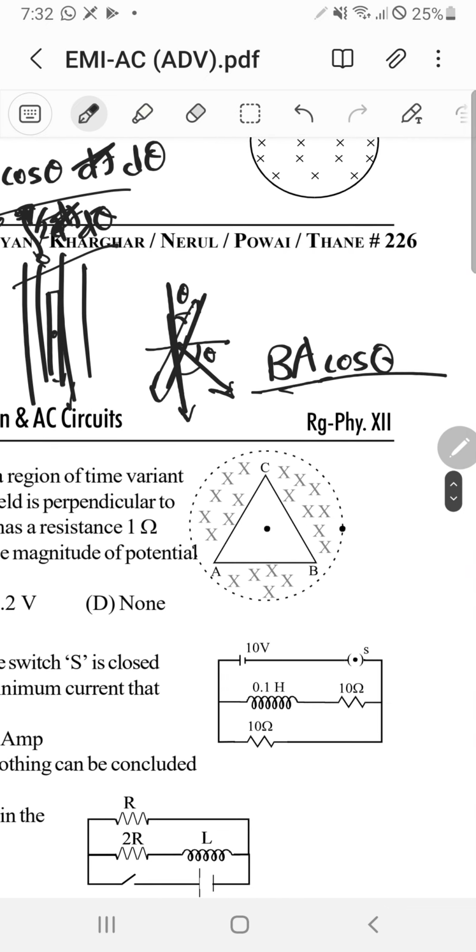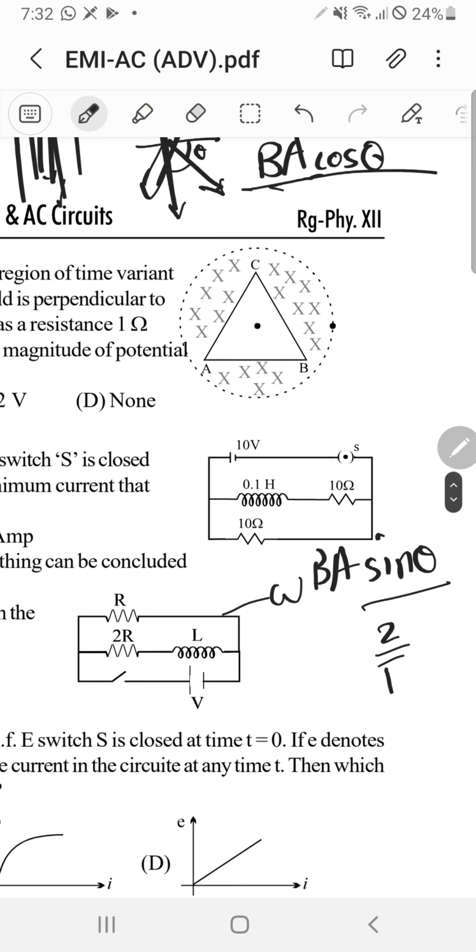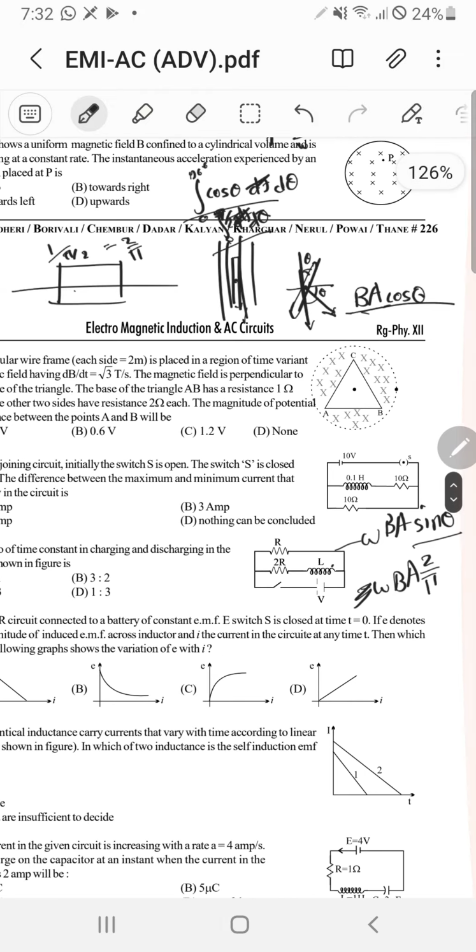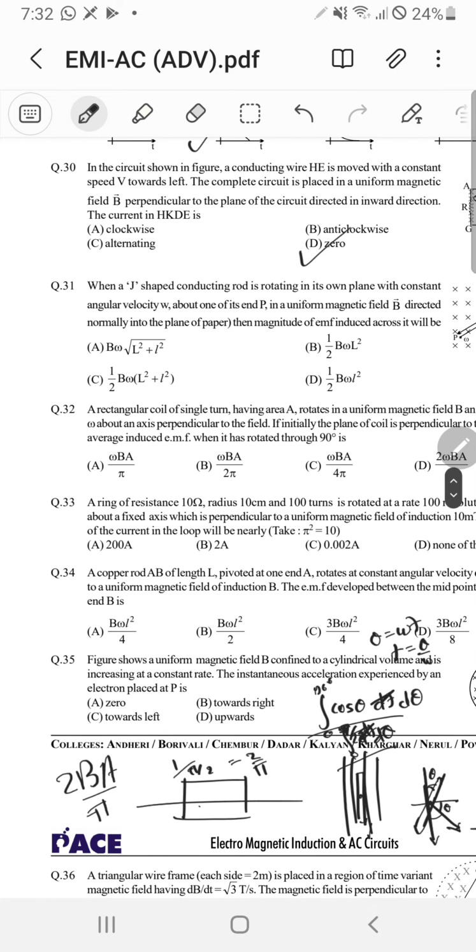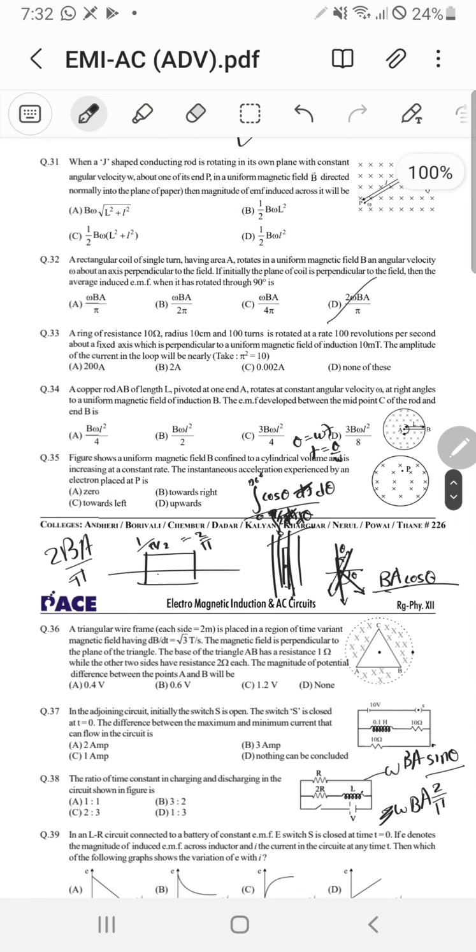And the derivative of flux with respect to time, of course, that will be omega BA sine theta with minus. So this will average up to 2 by pi. So it will be negative. Okay, this is gone. Magnitude omega, yeah, 2 omega BA upon pi. There we go. Next question.